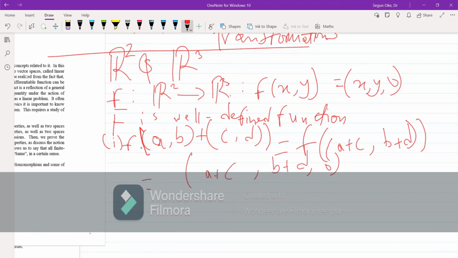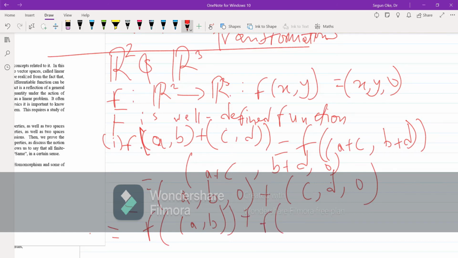Which is the same thing as a comma b comma 0, plus c comma d comma 0. At the end of the day, we have f of a comma b, plus f of c comma d.